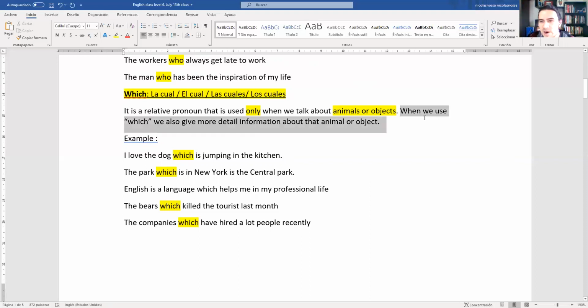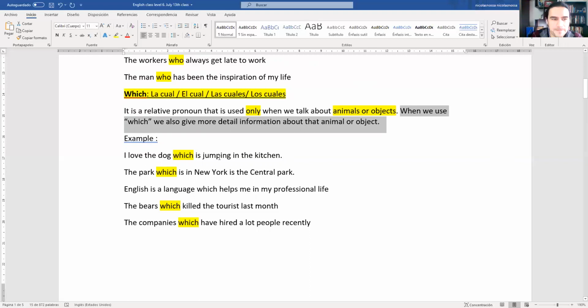Be careful with this part. When we use which, we also give more detailed information about that animal or object, okay? So also with this relative pronoun, we give more detailed information. That means more information, okay?